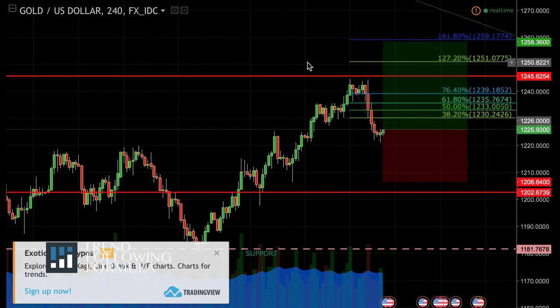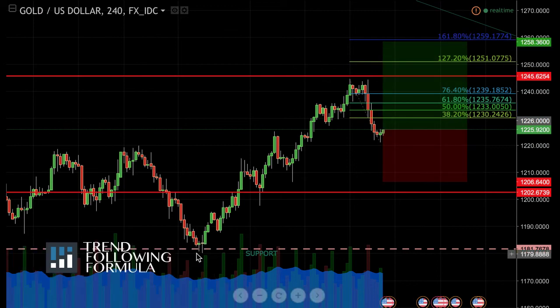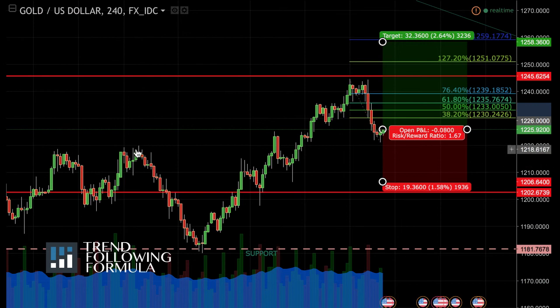So our first take profit, preferably we should have a take profit here in that area, 100%. Okay, so if we get into a trade like this, that's not a bad trade. The profit to loss ratio, the risk reward ratio, is 1.6. That's very good.